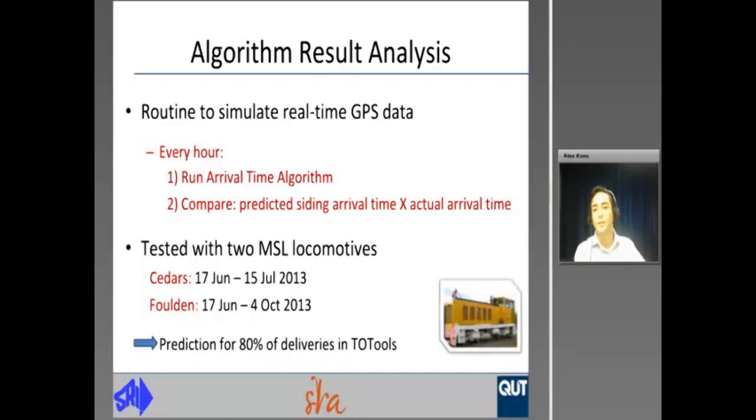We ran this routine with two Makai Sugar locomotives within this period. Our first observation was that we were able to predict about 80% of the deliveries entering Tilt Tools.